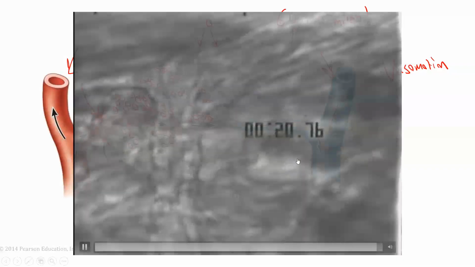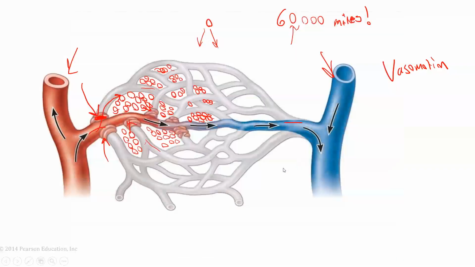All right, so that's a little bit about how blood flows through. Now, another curious thing that happens is that there is pressure inside of this fluid, and that pressure will cause fluid to actually leave the vessels.